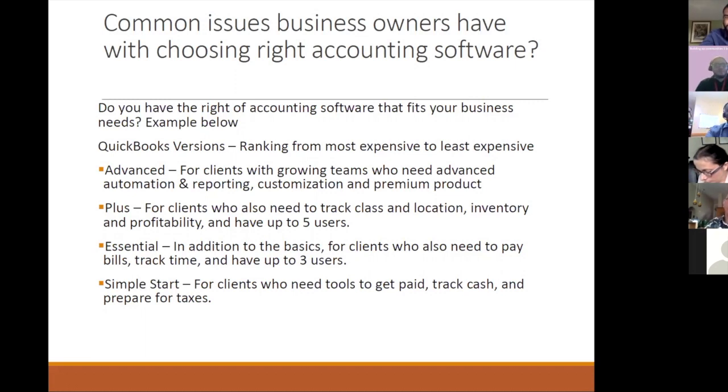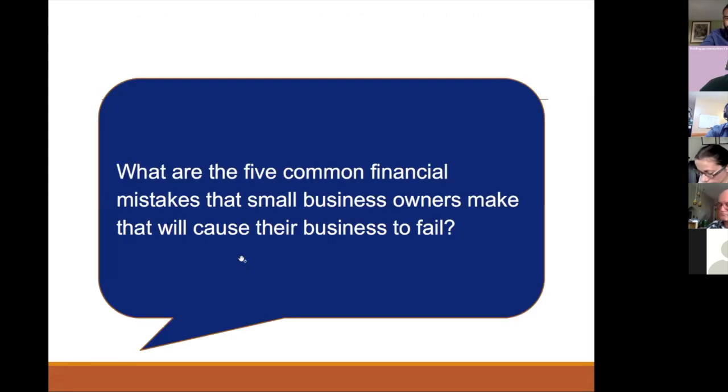So Essentials and Simple Start is where most small businesses fall. However, if you get into the area where you need a bit more sophistication, my advice is that you may as well just outsource that. When you get to Plus and Advanced, I don't even advise that you start doing that on your own, because then it becomes sophisticated. I don't know if anybody has any questions. Let's move to the next slide, John, and we can maybe take questions at the end.